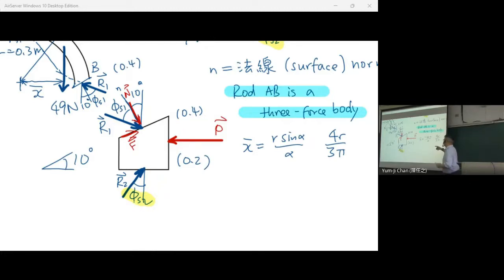Because we have talked about this one and this one, right? We have talked about this and we have talked about this. Which one should we use? To the left or the right?